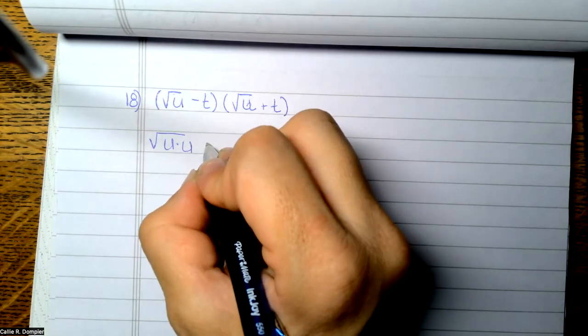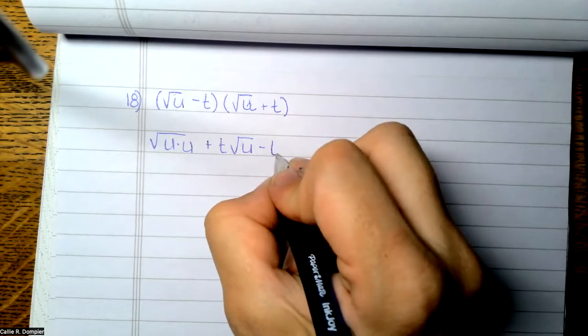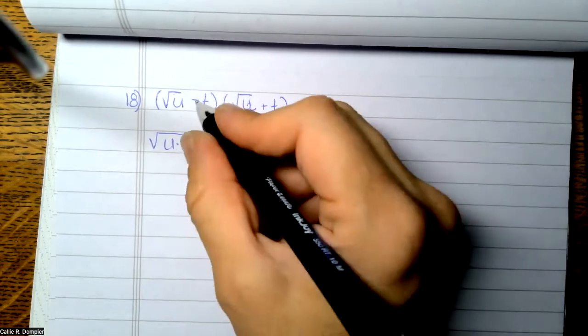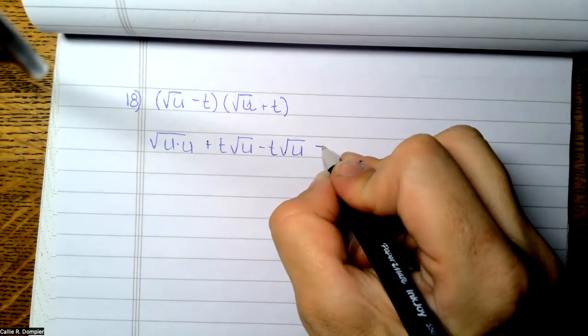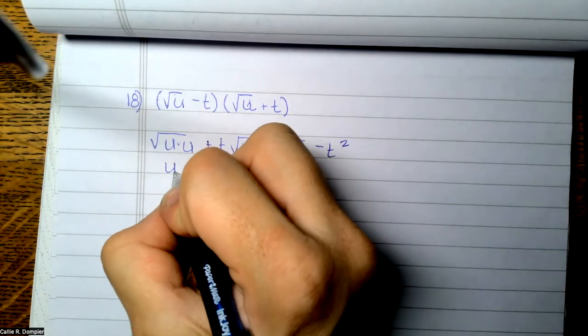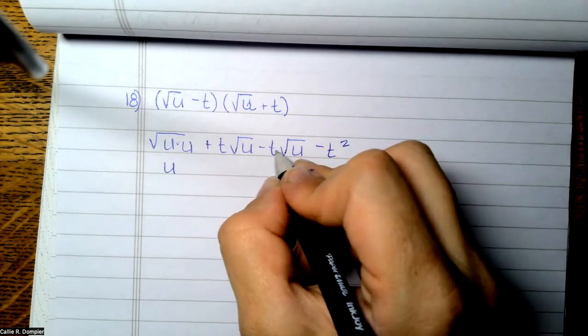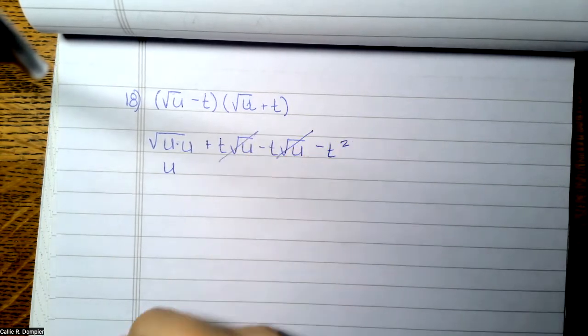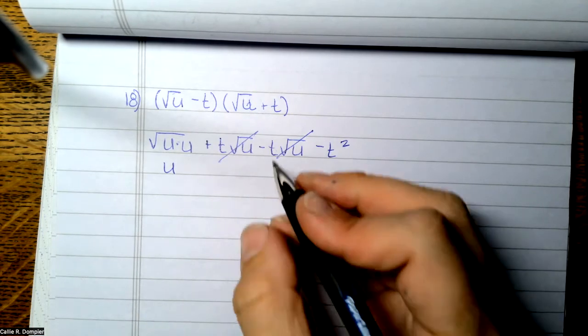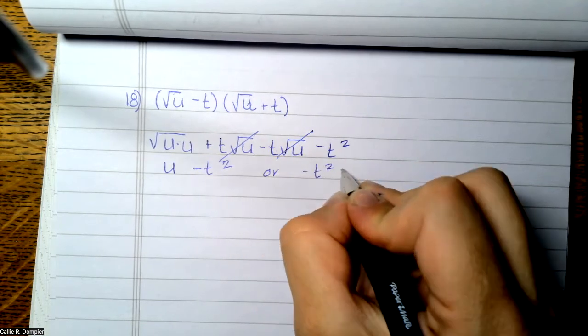Square root of u times t is plus t square root of u minus t square root of u. Negative t times positive t is minus t squared, right? U times u become a u plus t square root u minus t square root u. Those actually cancel each other out. That's why they're called the conjugate. Minus t squared or negative t squared plus u.